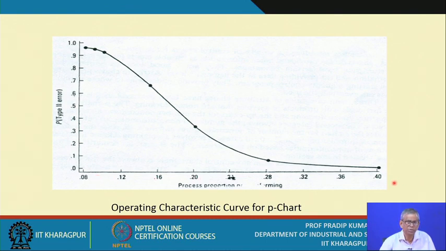In this case, if it is a p chart, what is the process parameter? p. If it is a c chart, what is the process parameter? c. If it is the u control chart, what is the process parameter? That is small u, and so on.